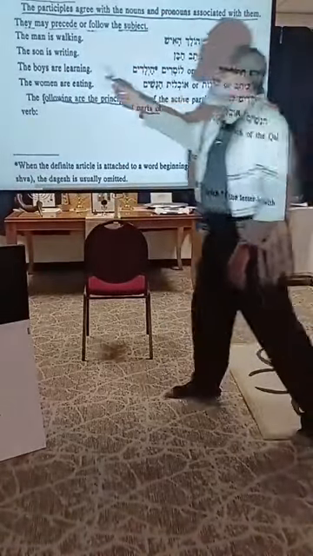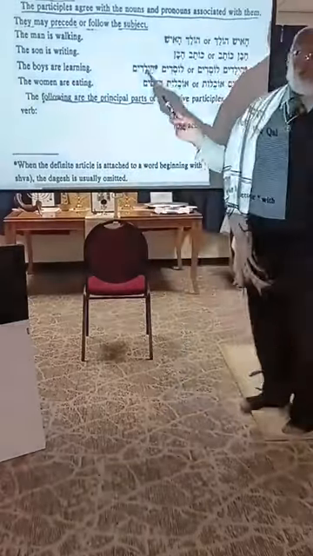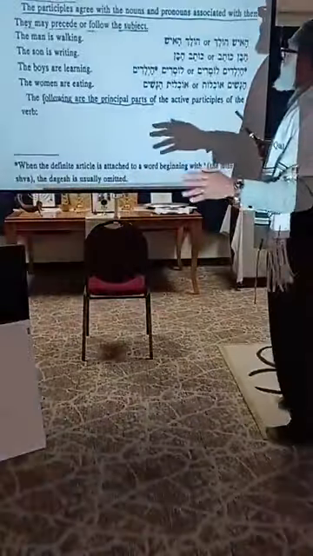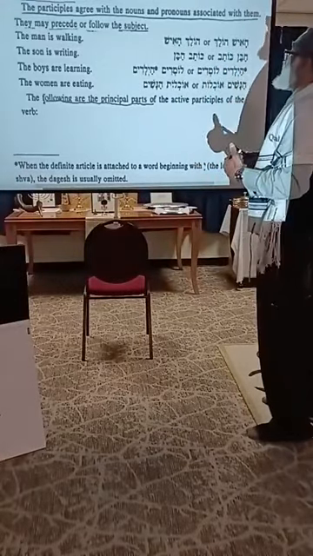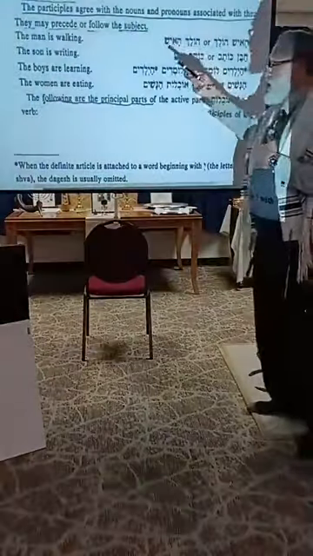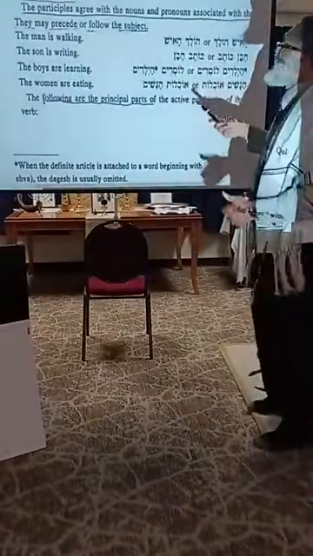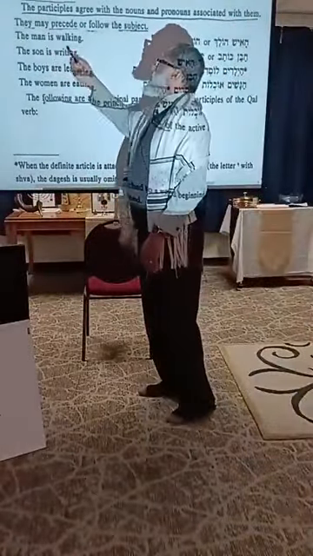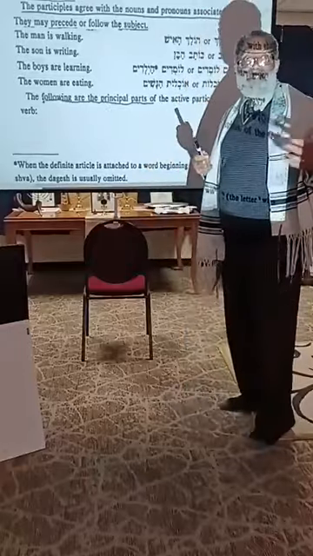We already know the to-be verb is not there in Hebrew. It's just that for us English speakers and thinkers, we would put it there because it makes sense. Literally in Hebrew, it would be the man walking. But you get the point?